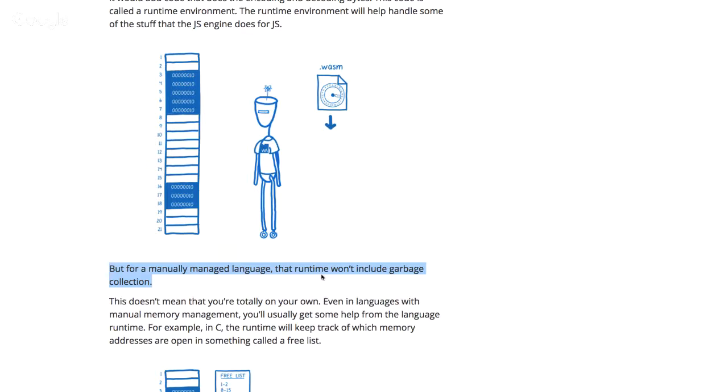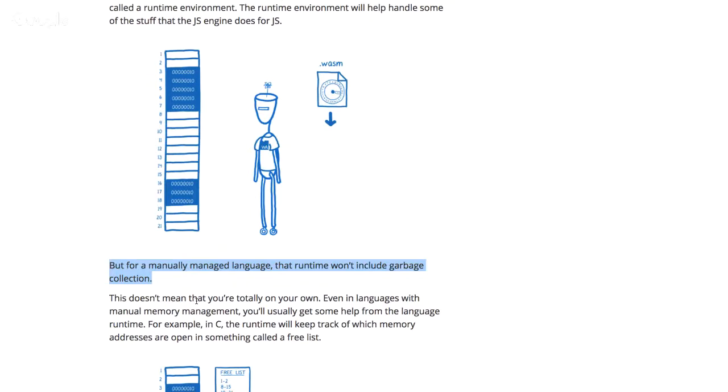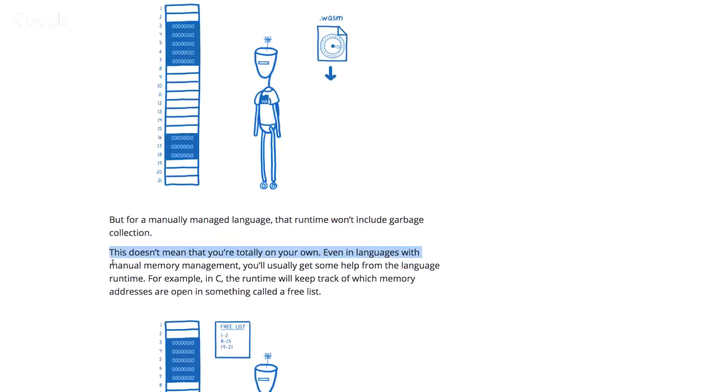If you write code that compiles to WebAssembly, it looks like you'll have to write your own memory management routines. That means if you allocate memory to store some data, you have to write code to unallocate that memory also. This doesn't mean you're totally on your own.